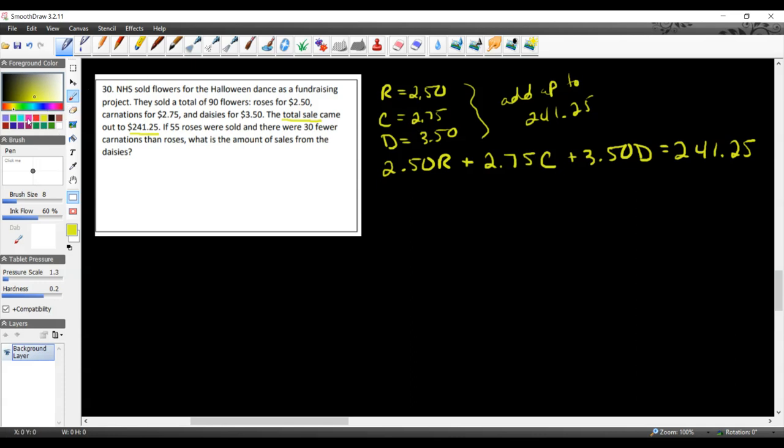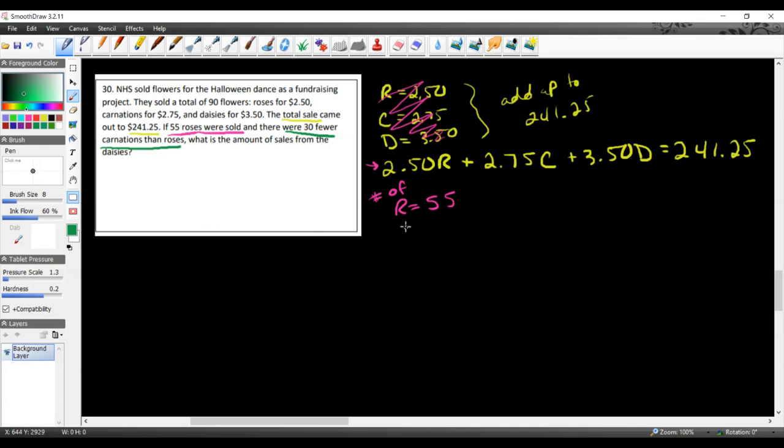The next part says that if 55 roses were sold, so they actually told us that R is equal to 55. Okay, so this is the number of roses. So don't confuse it with this stuff. As a matter of fact, let's ignore that. Just go with this. Look at your equation. The number of roses is 55, and it also says there were 30 fewer carnations than roses.